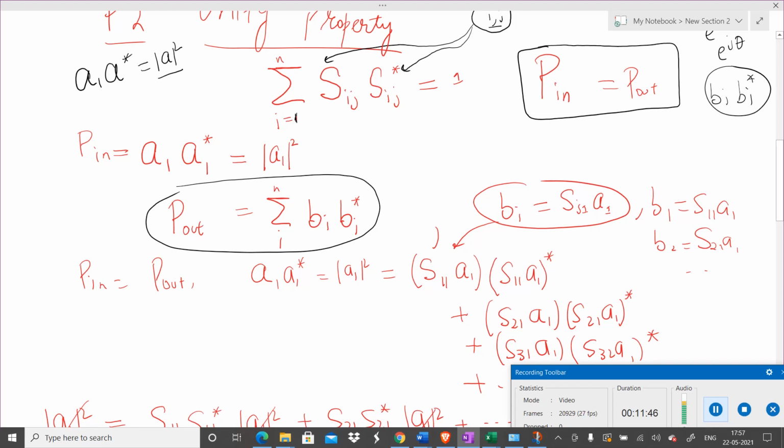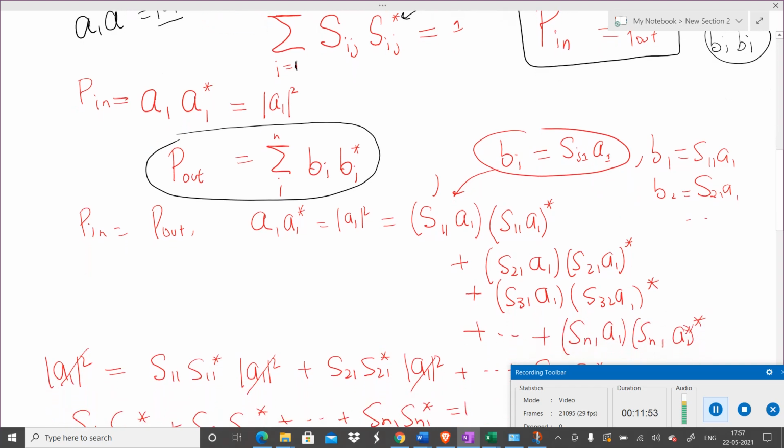At all other ports I am just getting a reflected part, B1, B2, B3, and so on. Then P in is equal to P out, and I will substitute for every Bi the value Si1 A1. So for the first part, S11 A1 times S11 A1 conjugate. This is B1, this is B1 conjugate. Similarly, this is B2, this is B2 conjugate.